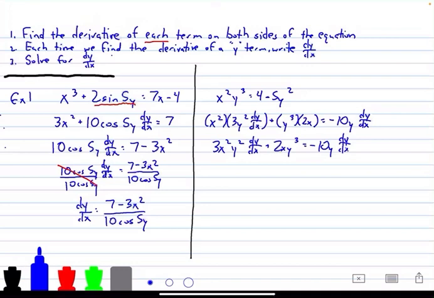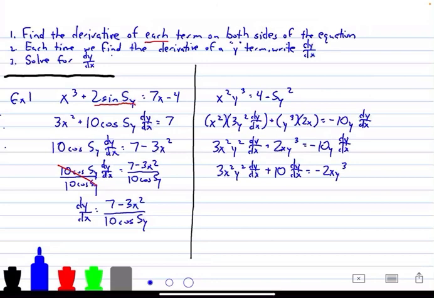Now, anytime we solve these problems, remember, in order to solve for dy over dx, first we need them on both sides of our equation. So let's do that, and we're just slowly breaking this problem down. And we move the 2x y cubed to the right side. Okay, we brought the negative 10y.